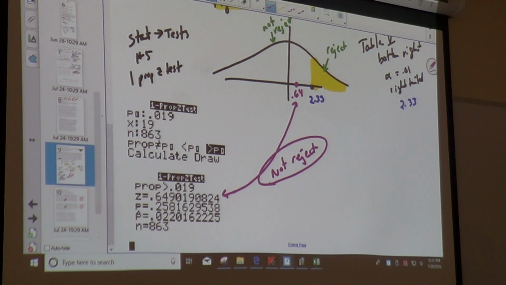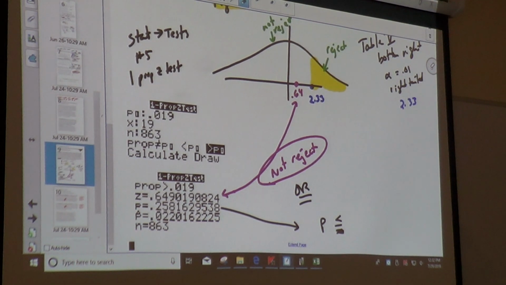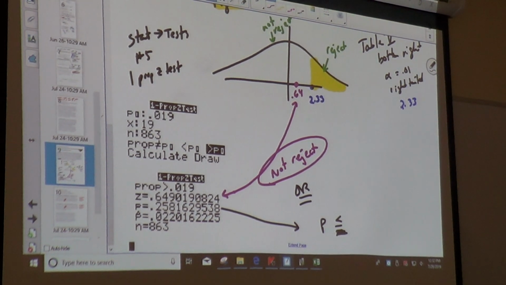Now, this is the classical approach. The other approach is to look at our P. Is our P less than our alpha?